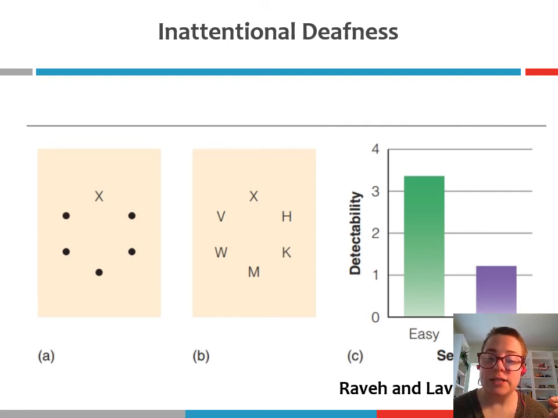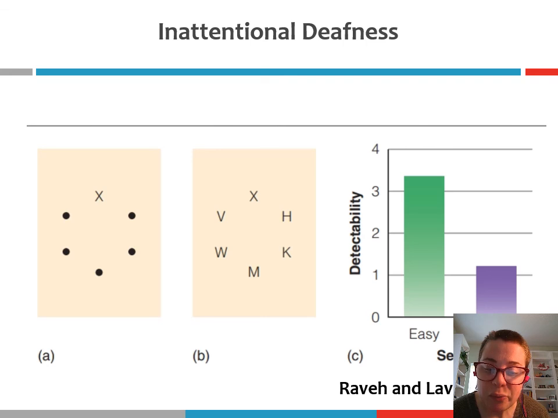This is interesting because, instead of asking about our ability to detect visual events, it's looking at our ability to detect auditory events. But it's also interesting because it seems to support the perceptual load theory.